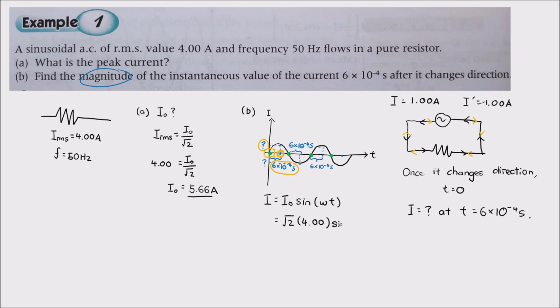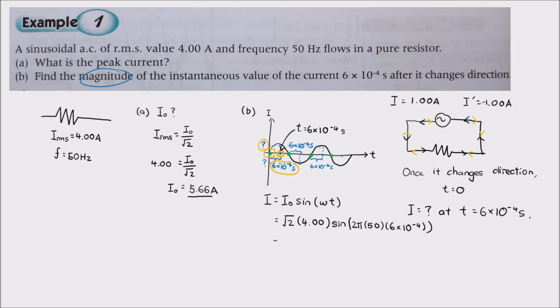Then sine, then you need the omega, but omega is just 2 pi f. You don't have omega, you have 2 pi f, so it's 2 pi times 50. That's omega. How about time? You have already agreed to use this time over here, which is equal to 6 times 10 to the power of negative 4 seconds. Okay, so let's substitute in everything.